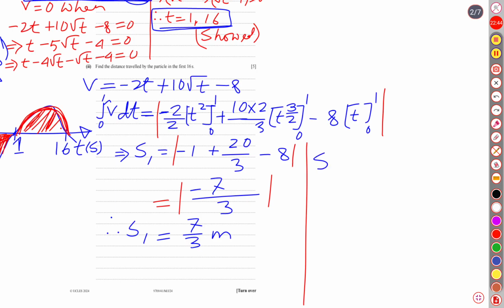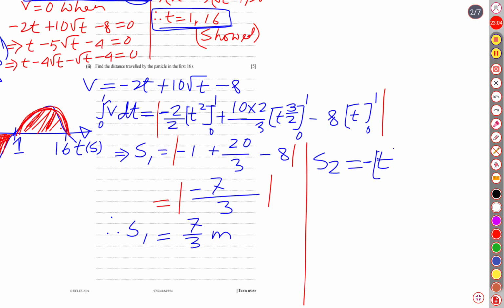S2 is S2. Already we have integrated, we will just write the values over here. Integration was what? This is negative 2 over 2, means 1, so negative t square.